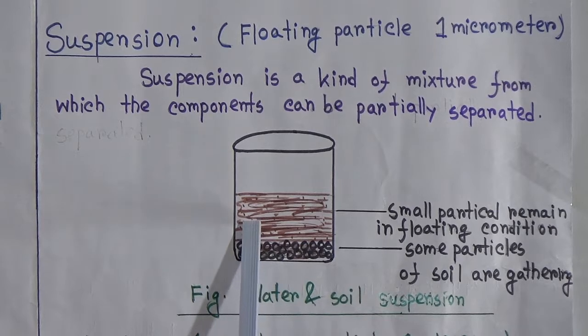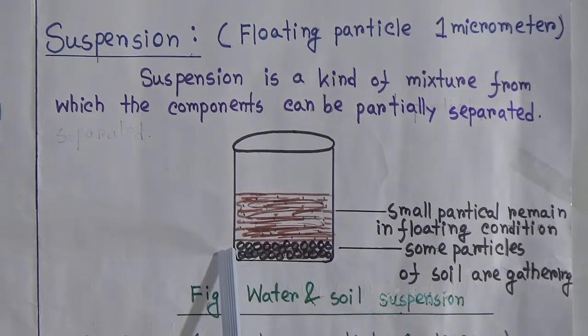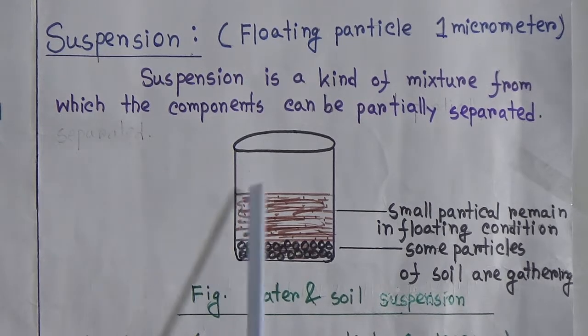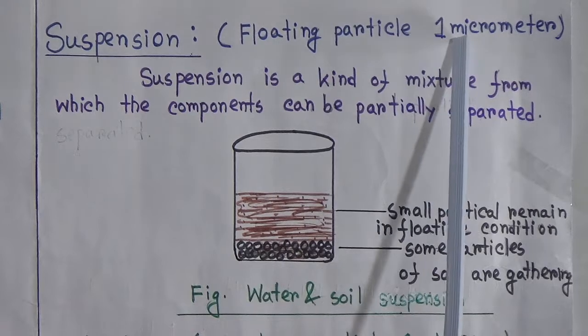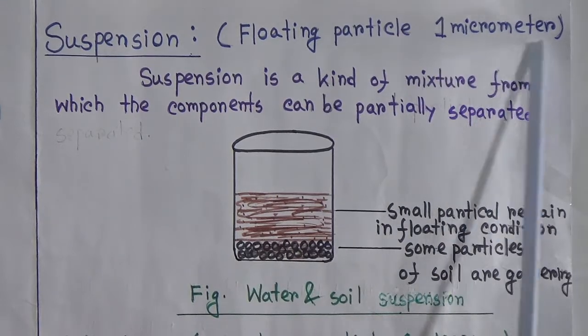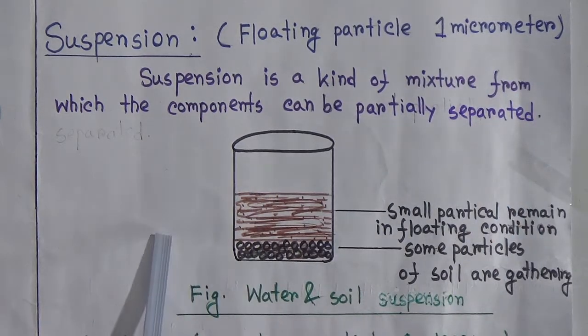So this kind of mixture is known as a suspension. In a suspension, the size of floating particles will be more than 1 micrometer. Liquid medicine is one kind of suspension.